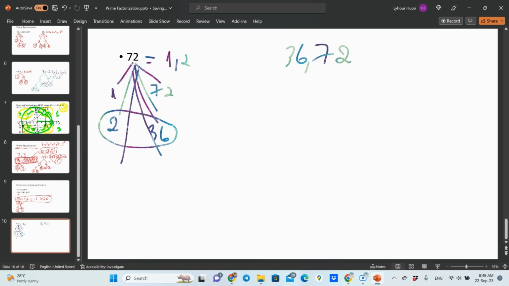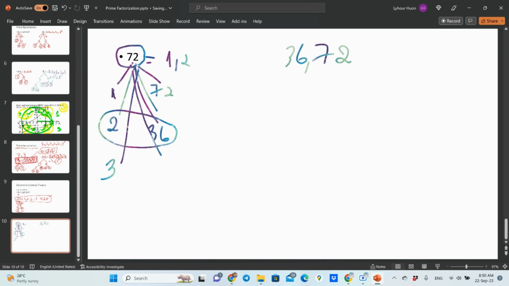Is it 3? Yes. Why is it three? First, we need to check. How do we check if it is divisible by three? If that number is divisible by three, what do we notice?